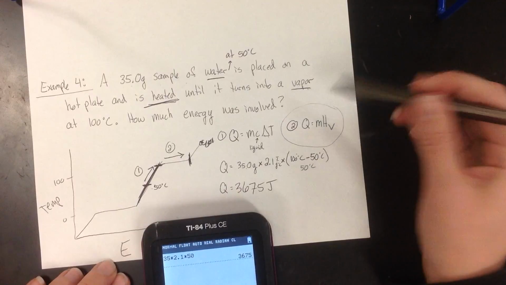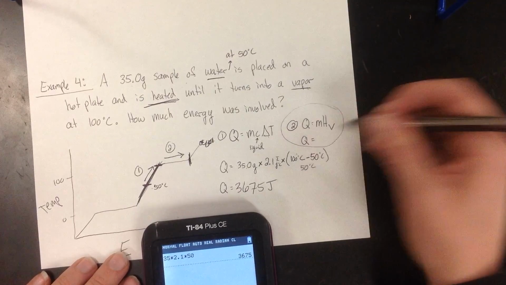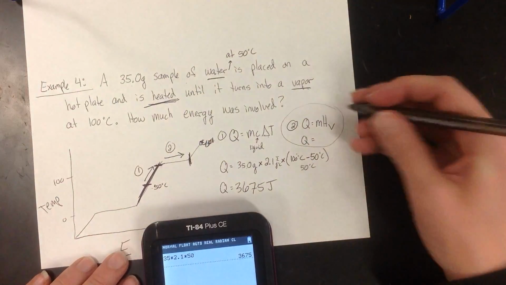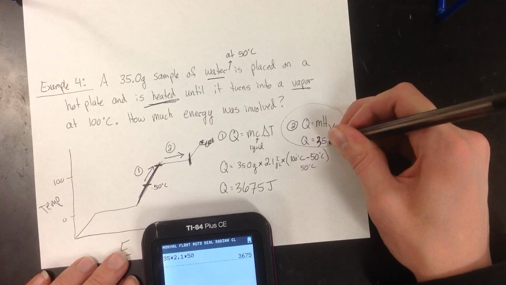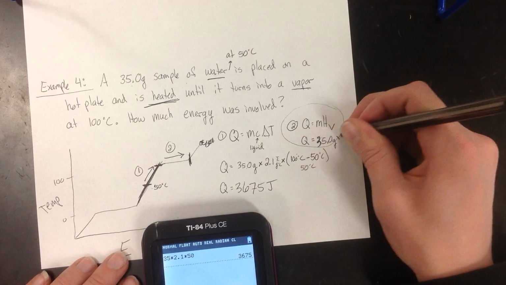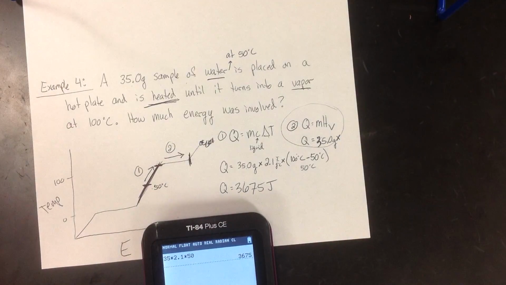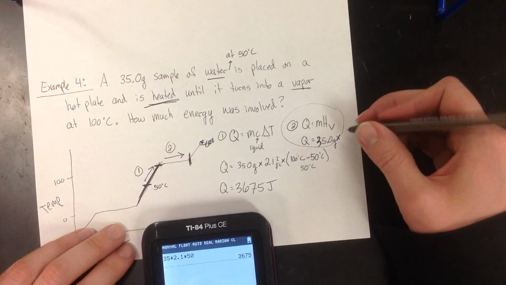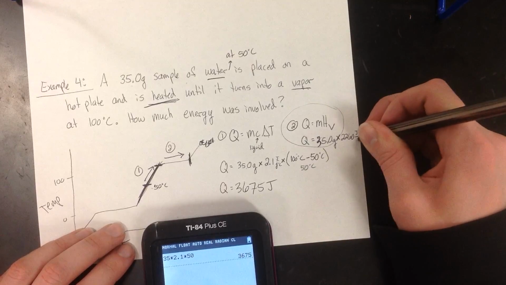That's where this equation shows up. So Q is equal to, again, I still have the same mass. I didn't get rid of any of my particles. So 35 grams. And I'm multiplying that by the energy of vaporization, heat of vaporization, to pull my particles apart, which is, if I look on my constant sheet, 2,260 joules per gram.